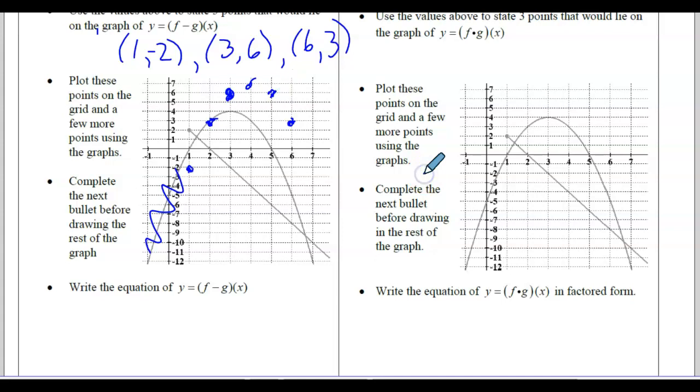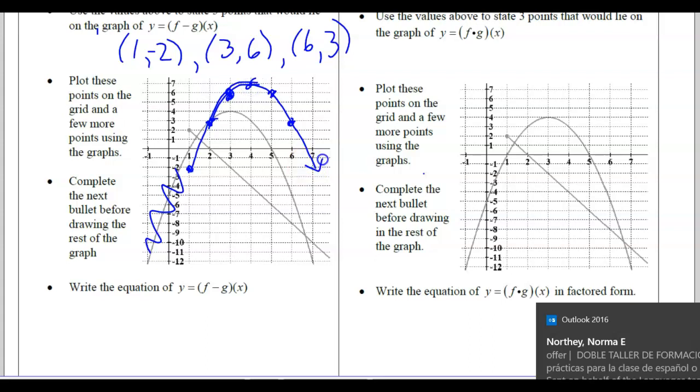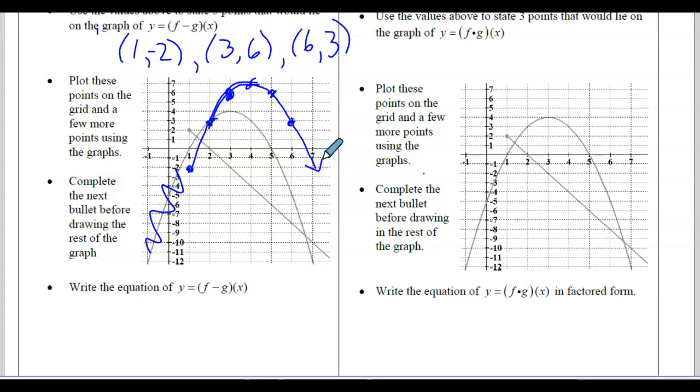Okay, so now I'll try my best to do a parabola, and I'm a little bit off. That's better. And then it's going to be like this. So it's a little bit messy, but you can kind of tell that the vertex is 4, 7.